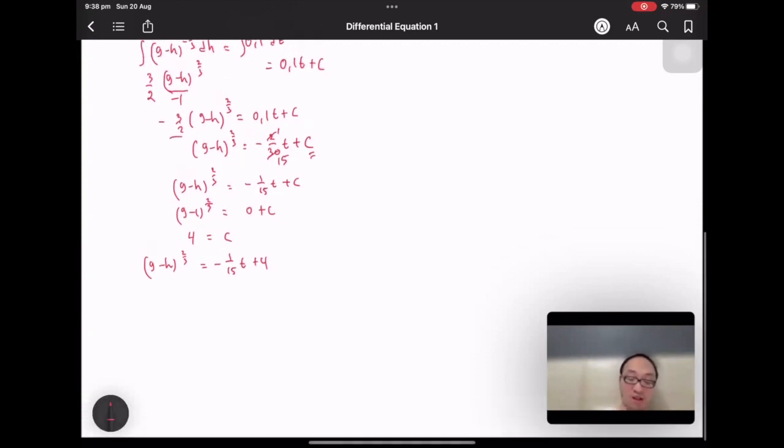Or I can rewrite it by removing the power: (minus 1 over 15 t plus 4) to the power of 3/2. So the height will be 9 minus the square root of (4 minus 1 over 15 t), cubed. This is the expression.